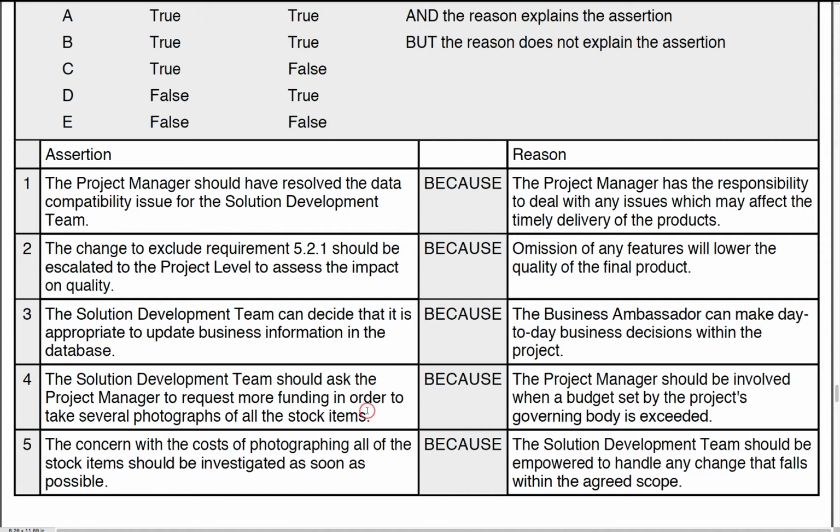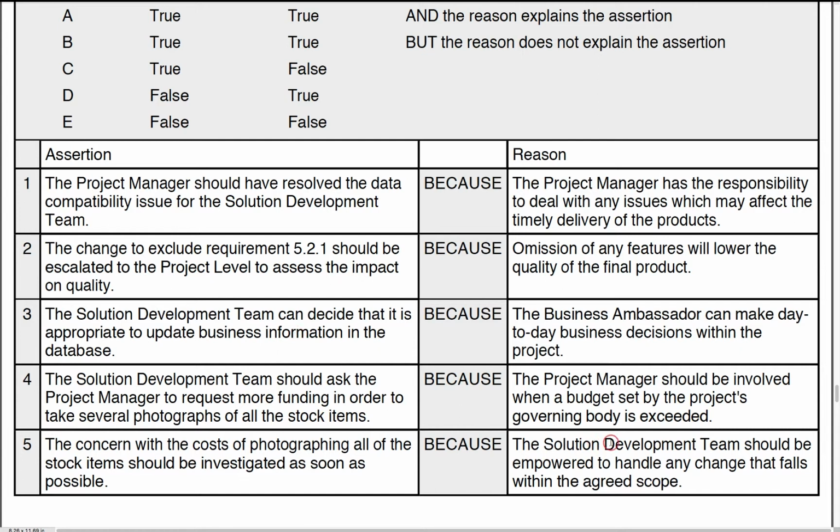For 4, assertion false and reason true, so that's a D, and then for 5 both are true. So let's look at 3 first. The fact the ambassadors make day-to-day decisions, does that directly explain the fact that the team can decide about updating the business information? And yes, it does, because we already said that the ambassador is part of the team, so that is the letter A.